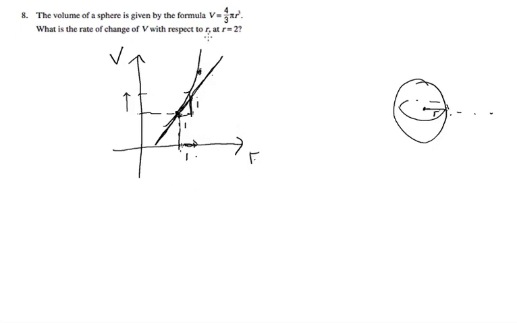Along here, further along the graph, that seems a lot steeper, this line. In this case, if we had 1 unit increase in the radius, then we maybe have about, say, 4 units increase in the volume. So the volume is increasing faster, 4 units of volume increase per 1 unit increase in the radius.